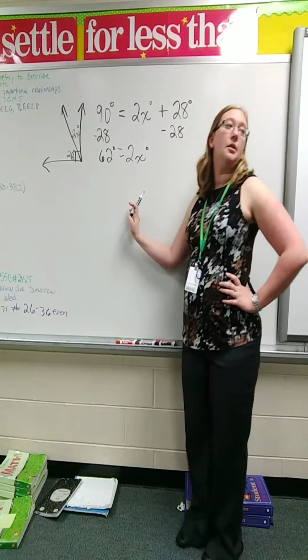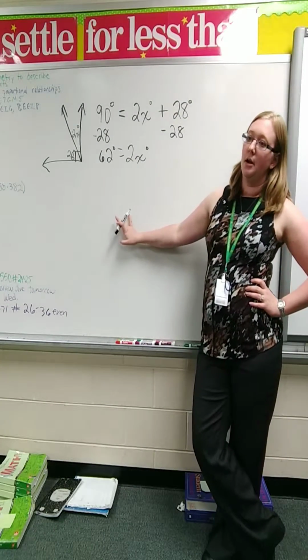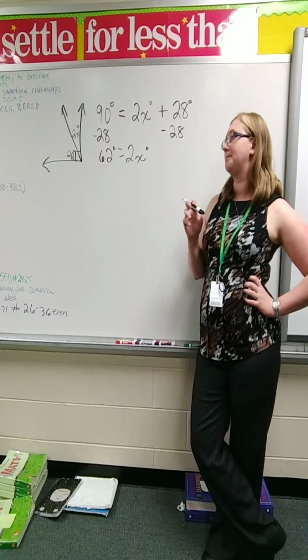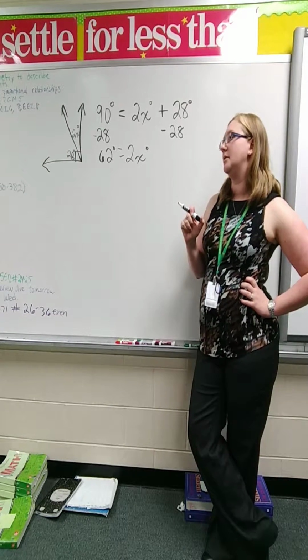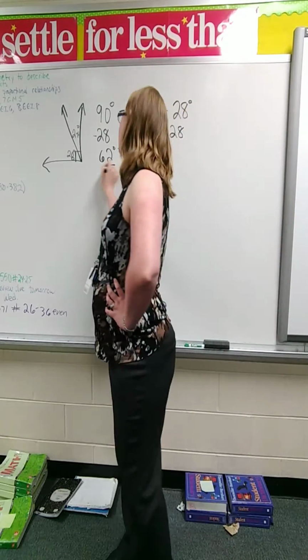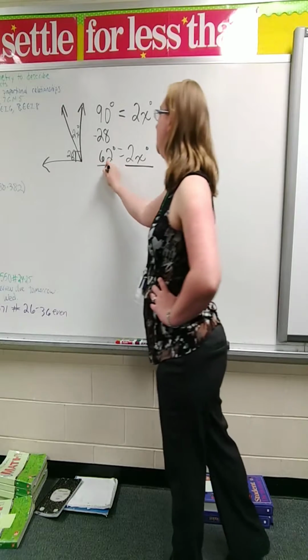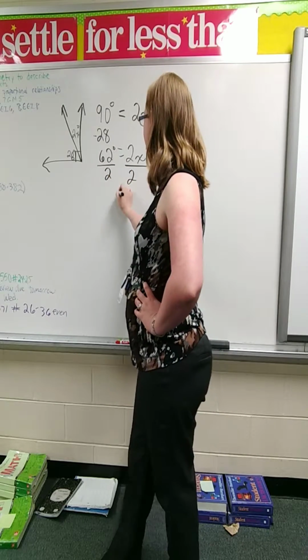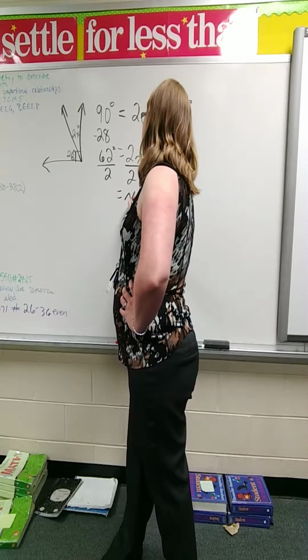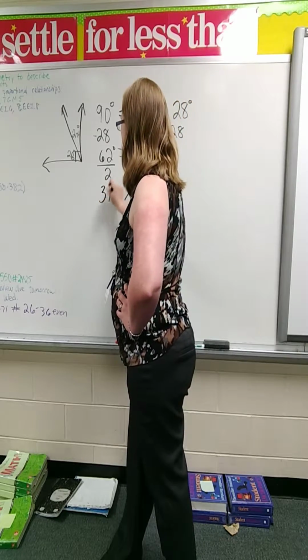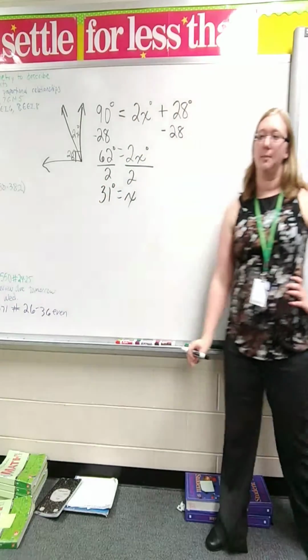What do I do next? My young man in the front, you had the operation correct before. You divide. What am I going to divide by? 2. I'm going to divide by 2. So then x would equal 31 degrees, because 62 divided by 2 is 31.